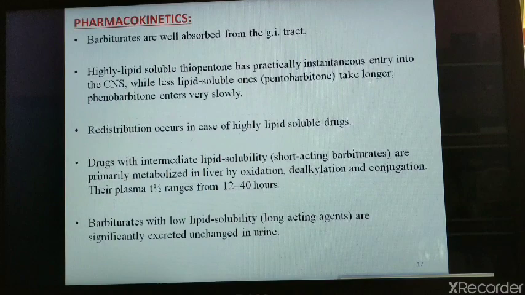Redistribution also occurs in cases of highly lipid soluble drugs. The half-life ranges from 12 to 40 hours with drugs having intermediate lipid solubility. Barbiturates with low lipid solubility are significantly excreted unchanged in the urine.